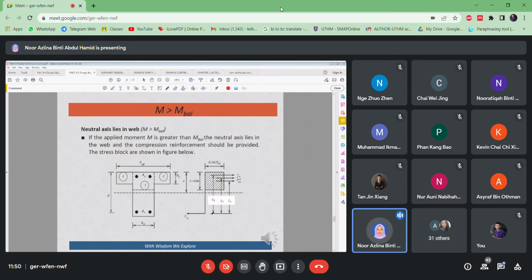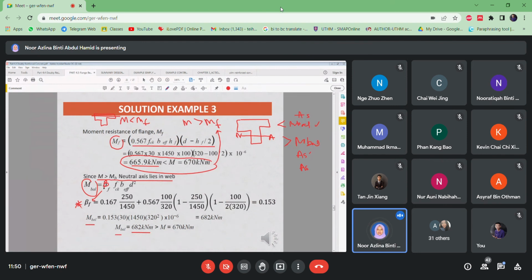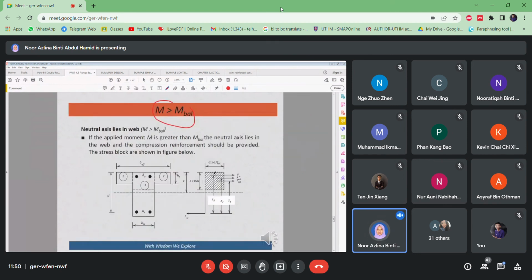Alright, so the second case still lies in the web, but its moment is more than the M balance here. So that means you need to provide steel in compression. So you will have an AS prime here. Okay, you will have an AS prime.